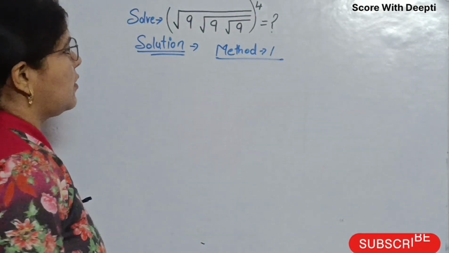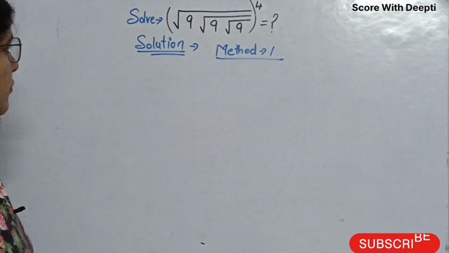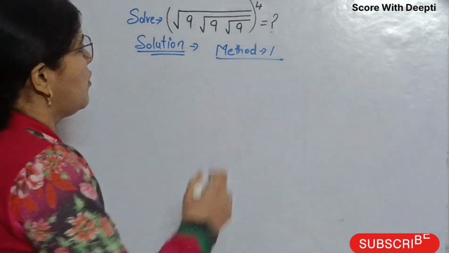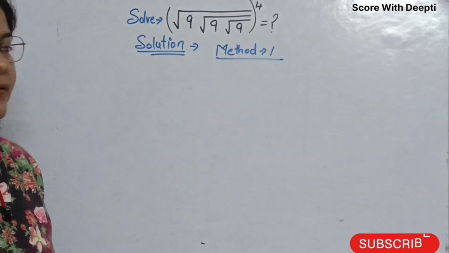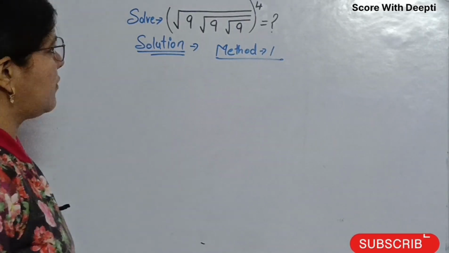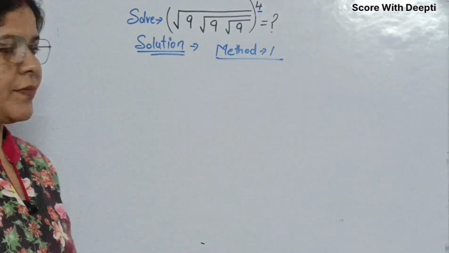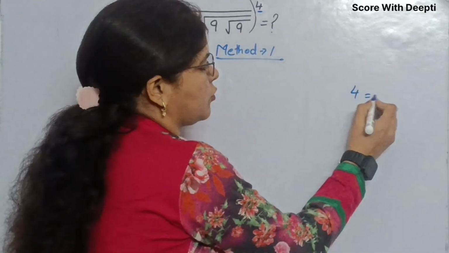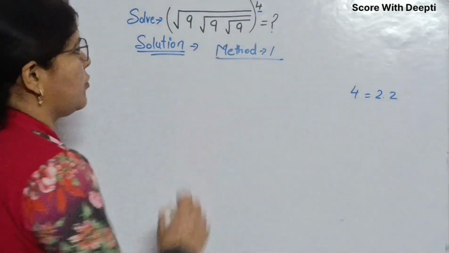In this method, we have to eliminate the square roots one by one. In the last video, to eliminate the square root, we had to take the square on both sides. But in this session, an exponent is given, that is 4. We know that 4 equals 2 into 2. In place of 4, we will write 2 into 2.